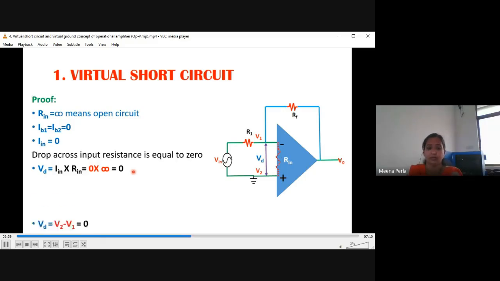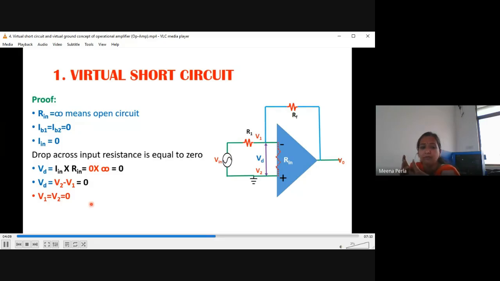We can also calculate VD as V2 minus V1. So we can directly state VD, which is equal to V2 minus V1, is equal to 0. This proves the first statement of virtual short circuit. From this, if V2 minus V1 is 0, the voltages at both terminals of the operational amplifier are at the same potential. So we state V1 is equal to V2.